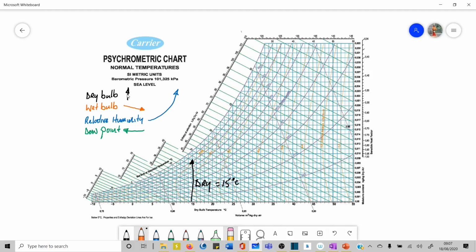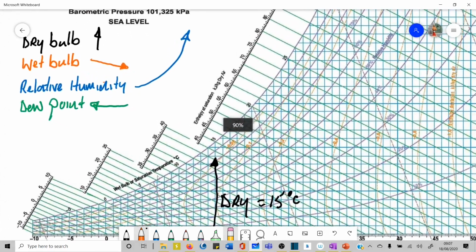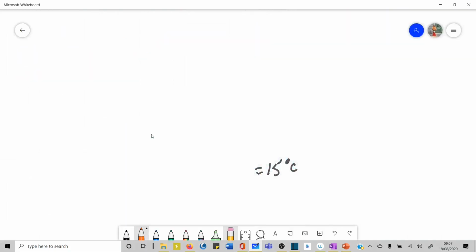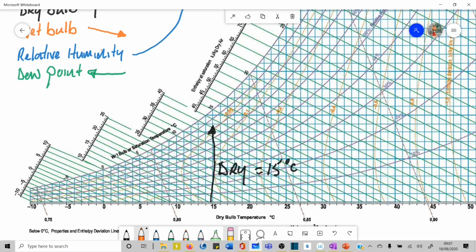And then we go to the wet bulb, which goes at a bit of an angle, left to right. If we look a little bit deeper, we can see this is the wet bulb or saturation temperature, and it goes in this green line here. So if we was to draw that, let's say 7 degrees.